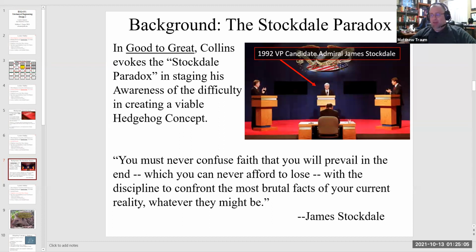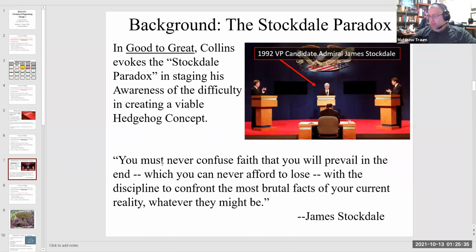So, in other words, even though you're in hell at the moment, if you guys invest the right amount of time and effort and teamwork and creativity, you will ultimately prevail and come up with a great hedgehog concept and an amazing design that wows the customer, wows the engineering panel, and ultimately proves to be wildly successful. So just never lose sight of that.